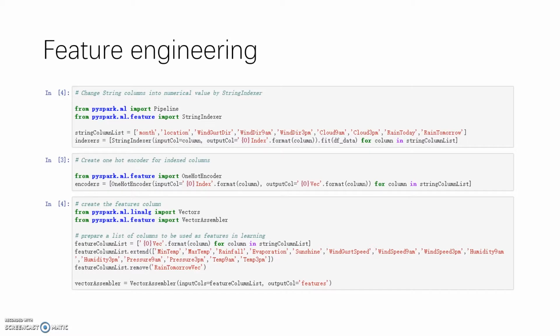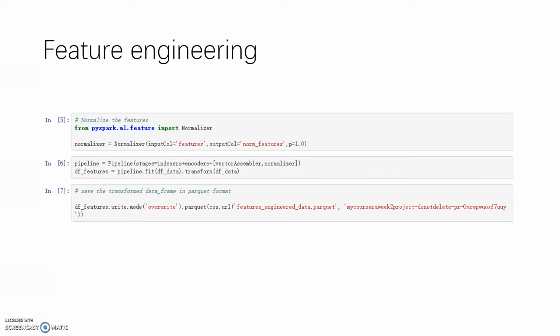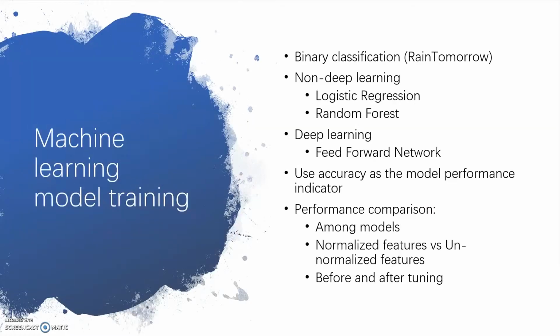After that, all the feature columns are vectorized and made into a single features column. Finally, normalization is applied on the features column. It is now ready to build and train the machine learning models.